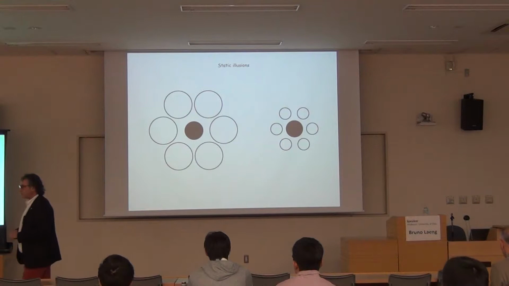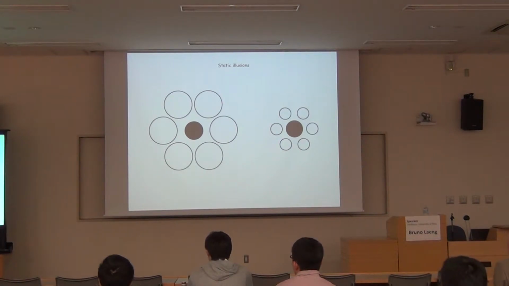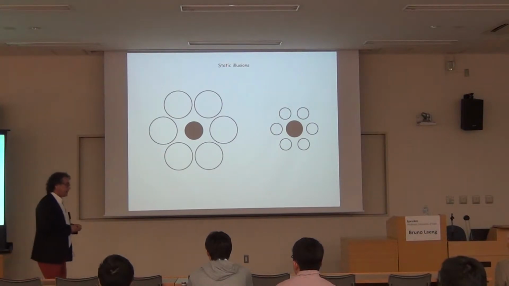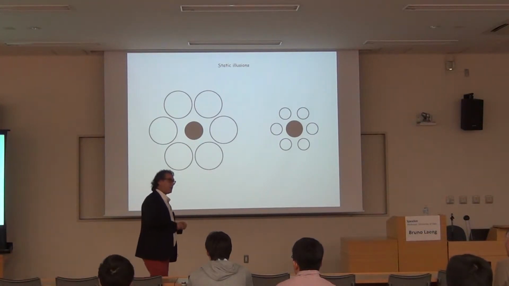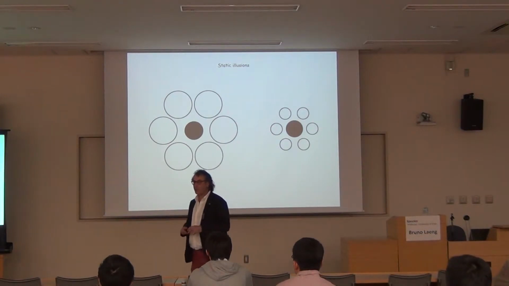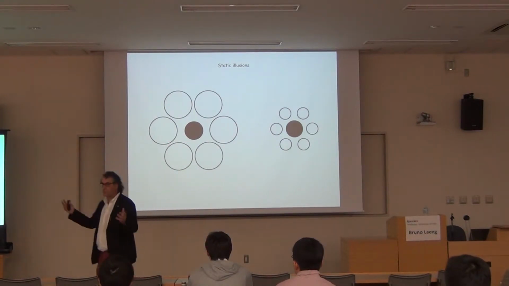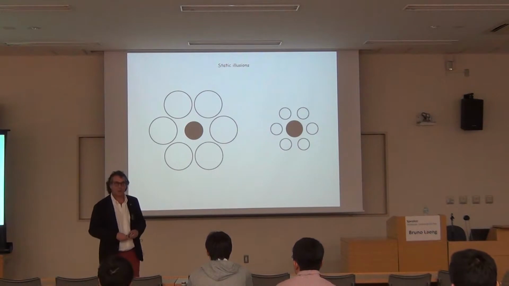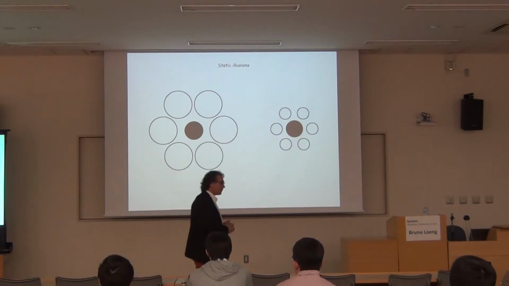Well, it turns out that at least in some cases, perhaps in most cases, we don't know yet, if you add information, very often the illusion actually gets stronger. So, for example, if we add movement to this particular illusion, the illusion gets much stronger.